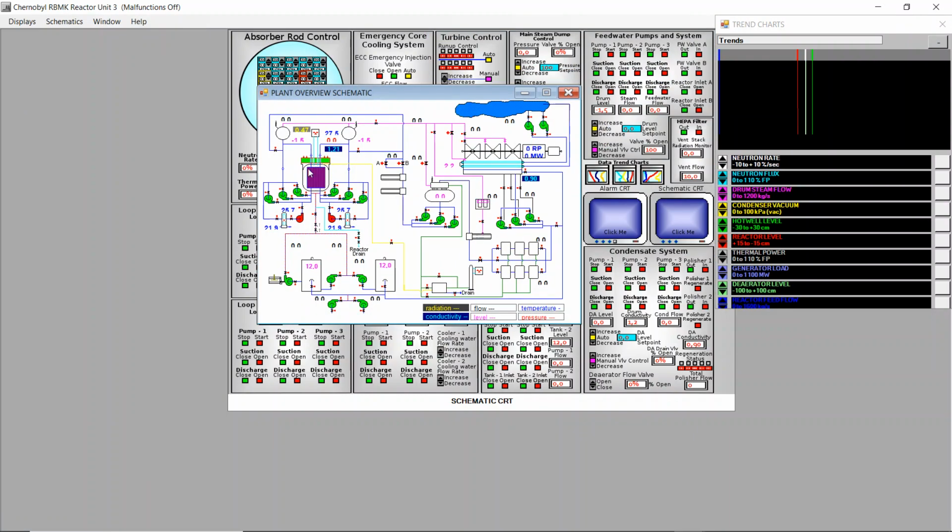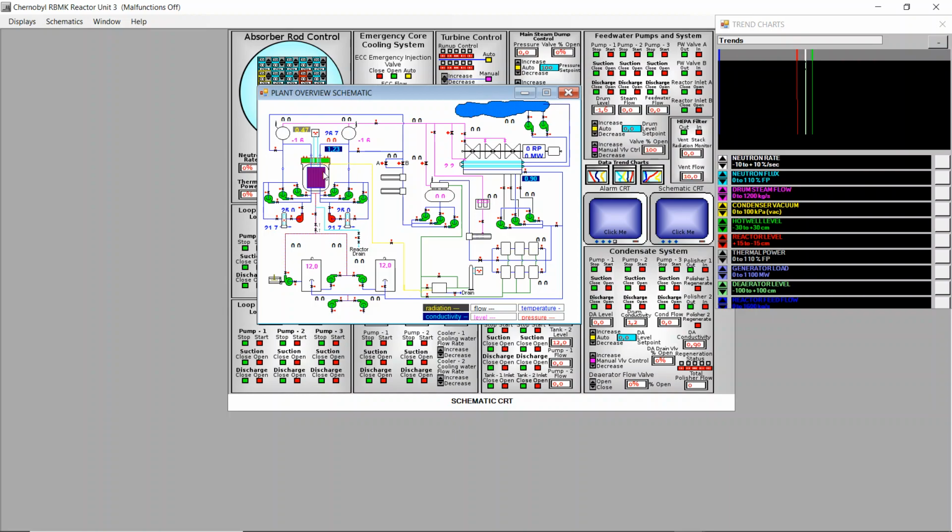So here we have the reactor, primary circuit, drums, feedwater pumps, condenser, etc. So in a normal process we will start from here, from the farthest from the reactor, starting pumps and systems, and once we reach the reactor and the loop 1 and loop 2 are pumping water through the reactor, then we will start pulling rods.